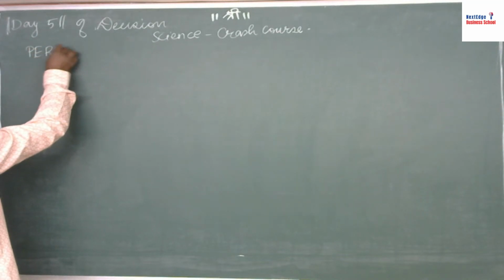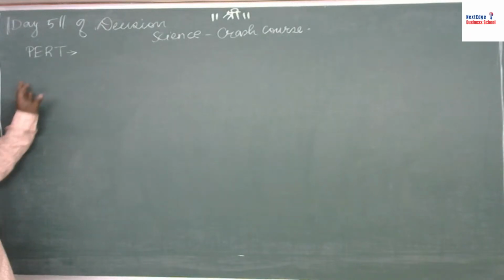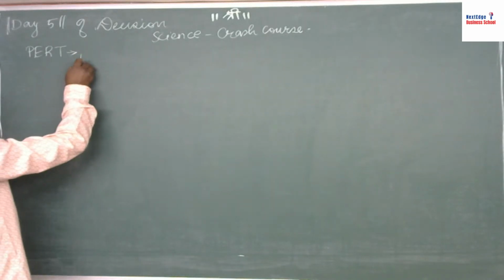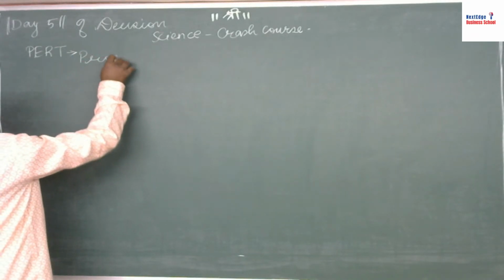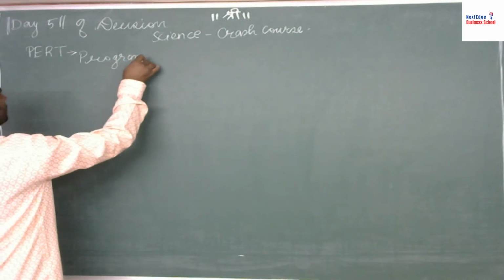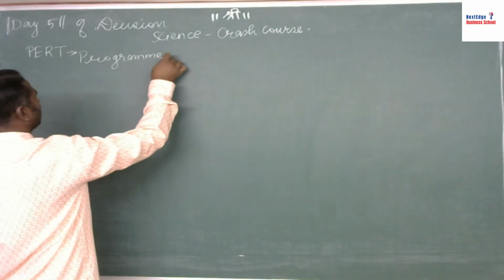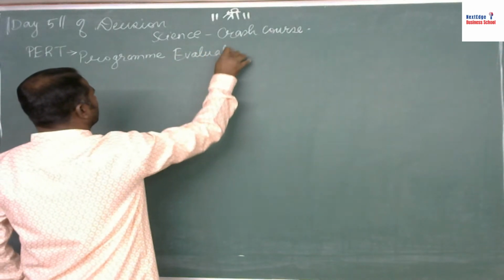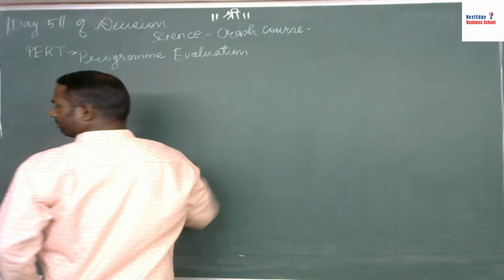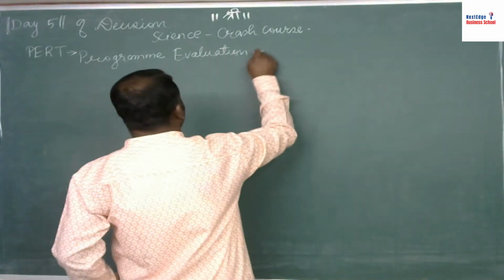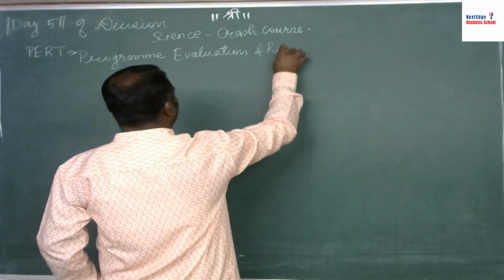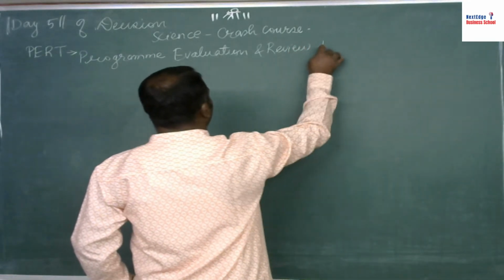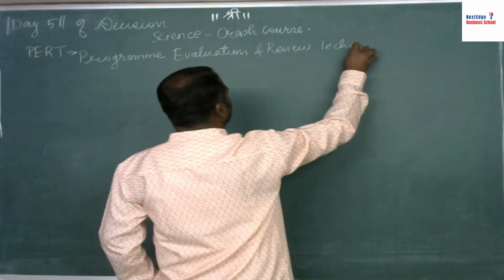What is the full form of PERT? Full form of PERT is Program Evaluation and Review Technique.